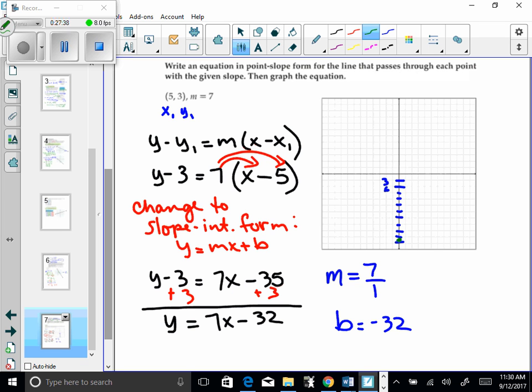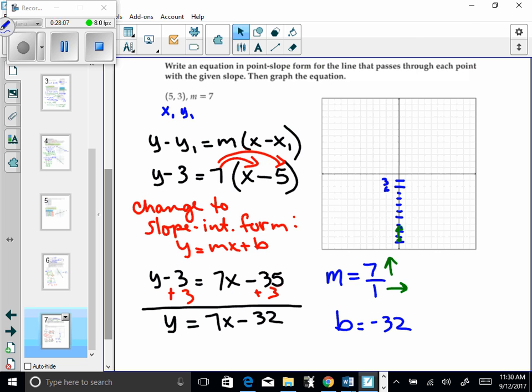And then I'm going to use my slope to give me a second point from there. And that says go up 7 and go to the right 1. So I'm going to go up 7. Right here would be about 7. And then over 1 would be about right there. It is really close. It's just barely going over.